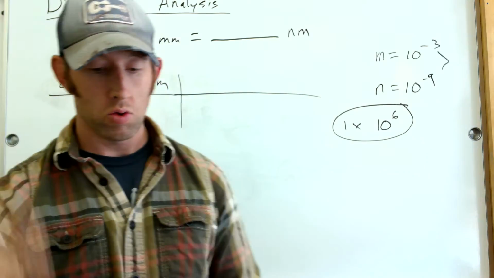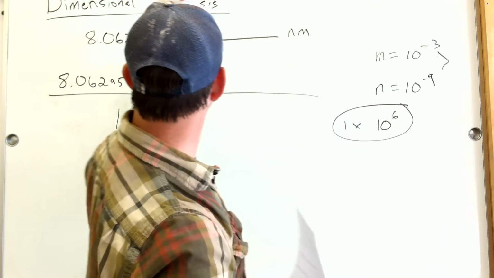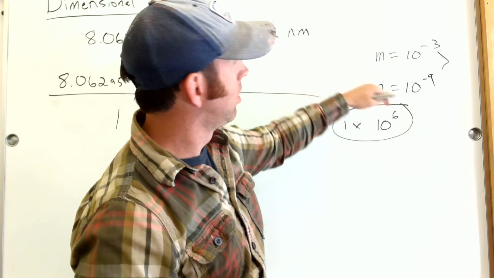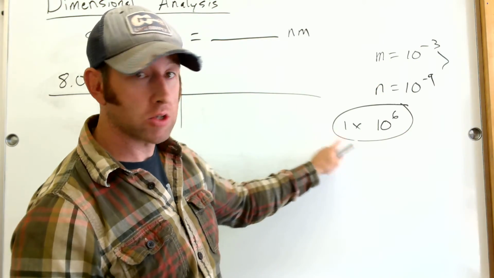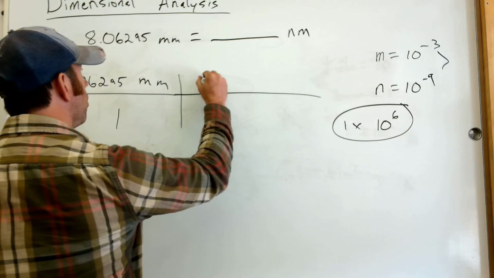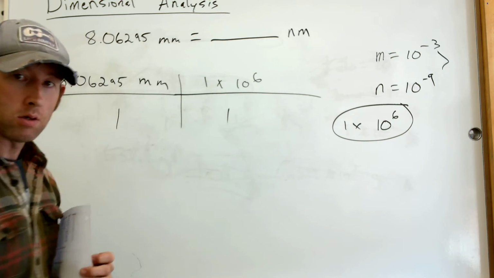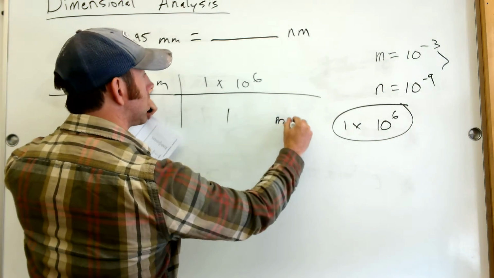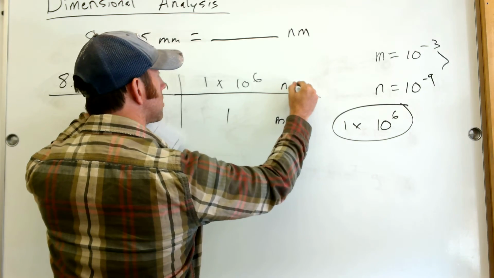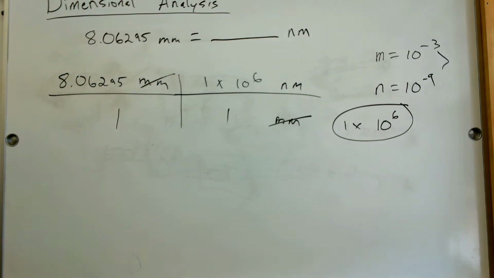Rule 1, 2, if I'm going to a smaller unit, so I'm going from milli to nano, I will be multiplying, which means this factor of change goes on top. So 1 times 10 to the 6th over 1, right? Millimeters is here, that means millimeters goes here. And nanometers on the top. Cancel, cancel. All right? So I can multiply that out.